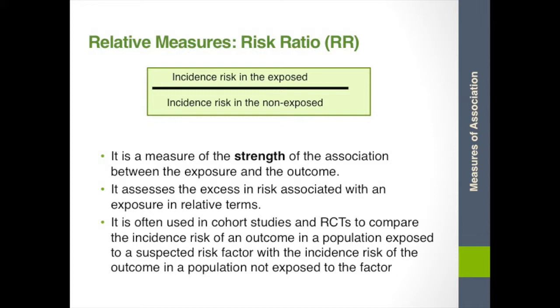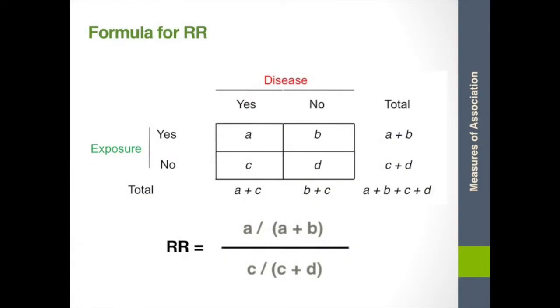It is often used in cohort studies and clinical trials to assess the excess in risk associated with an exposure, but in relative terms. We have again the 2x2 table with the formula for the risk ratio. It is similar for the rate ratio, but remember that for risk ratios you use incidence risks and for rate ratios you use incidence rates.